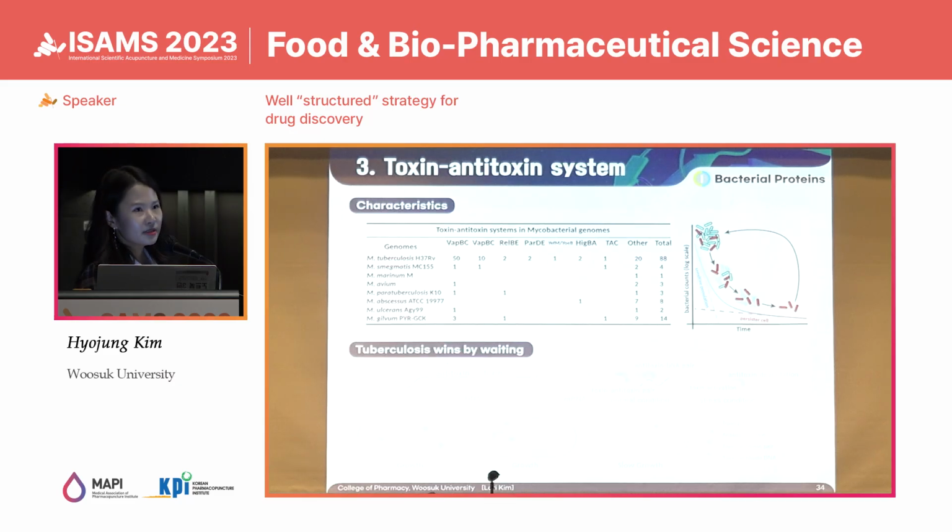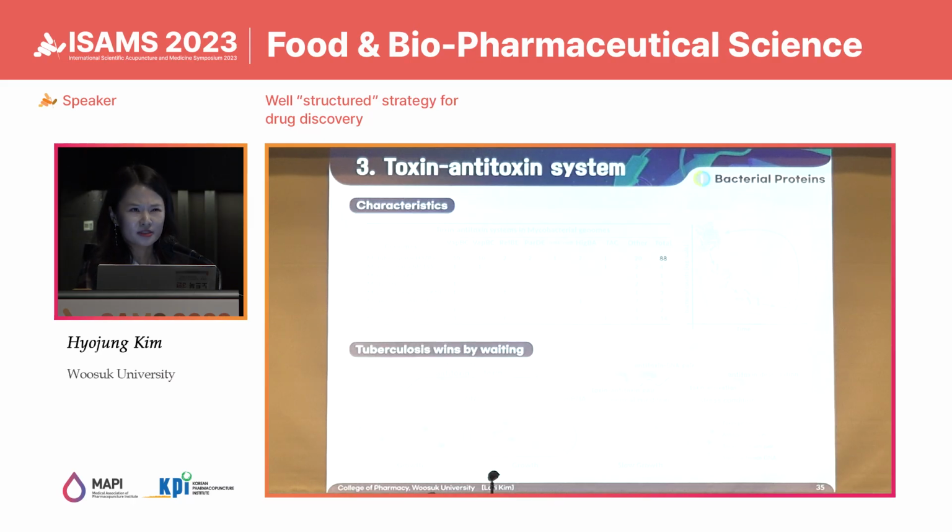When we compare the toxin and antitoxin operon numbers, we can see a huge number in Mycobacterium tuberculosis that causes the tuberculosis symptoms. So my target is these 88 toxin and antitoxin systems, to make a new agent that kills the bacteria itself.